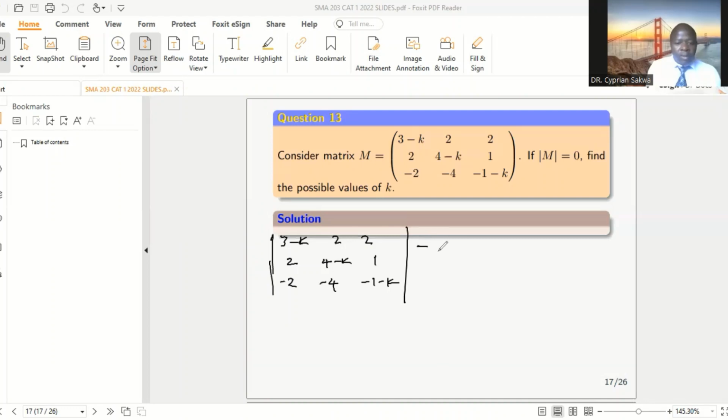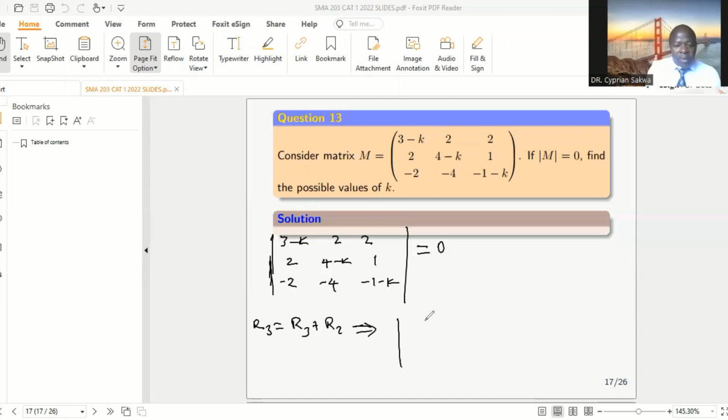Equate to 0, and look for ways that you can make this easier. I want to begin by getting a 0 in this position by just adding row 2 to row 3. So my new row 3, I just want to take the current row 3 plus row 2 and see what I get.